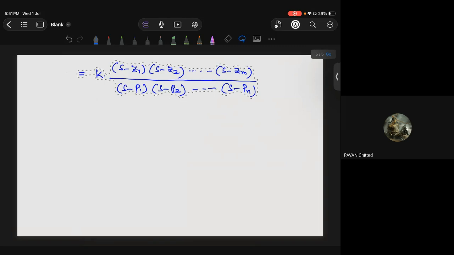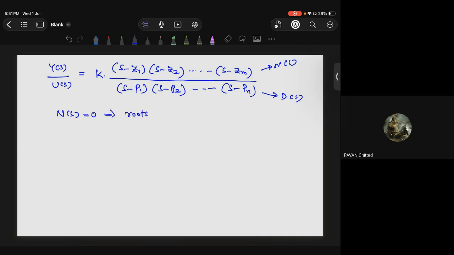Okay, so this is nothing but Y(s) by U(s). So this is the numerator and this is the denominator. Now, how are we going to get z1, z2, etc.? If you take the numerator and make it equal to 0, the roots are nothing but z1, z2, etc., zm, correct?